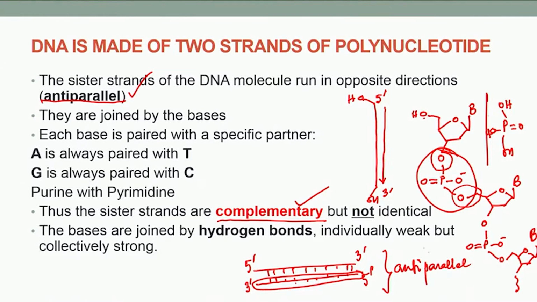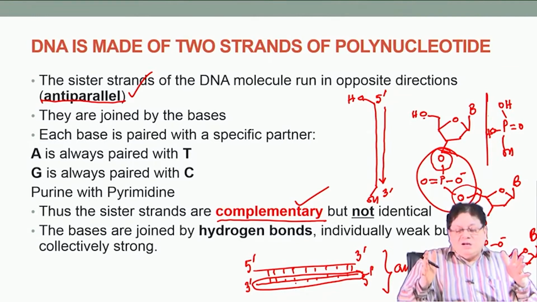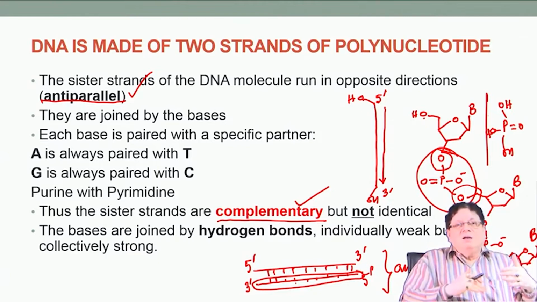There will also be some water surrounding it in the biological medium, so that can be hydrated, but if it is put in a very anhydrous condition, then the DNA becomes more compact because not many water molecules are there. That is why A DNA has around 11 base pairs per complete turn, but B DNA, our normal DNA under normal condition, has 10 base pairs per complete turn.